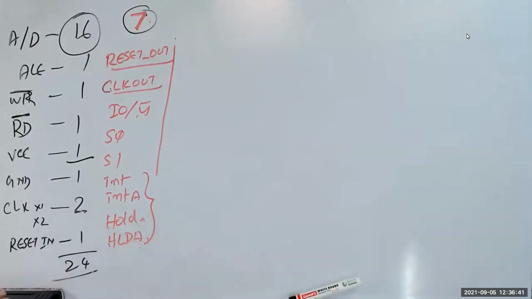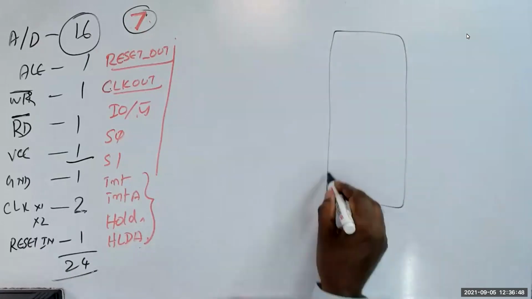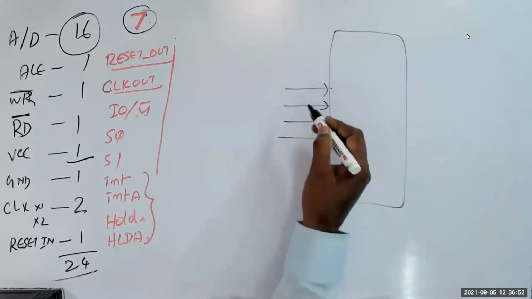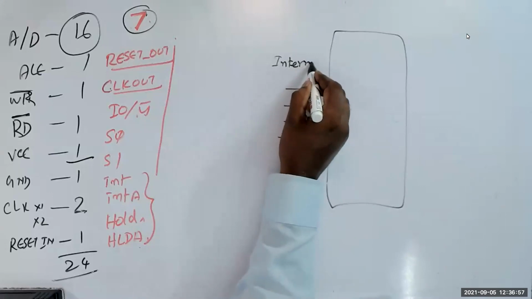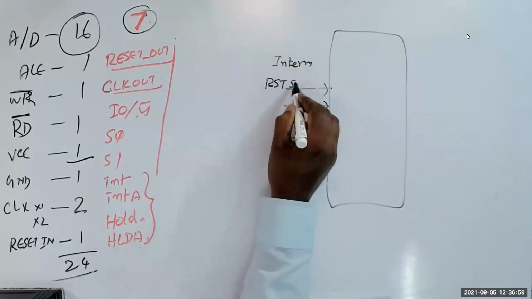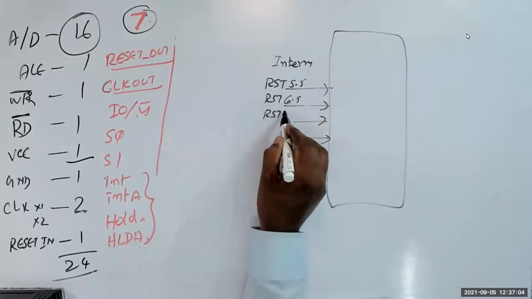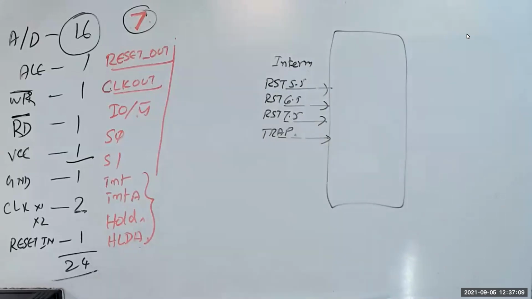People thought something a little bit different in those days, that's why they have an interrupt which is not generally outside. These guys have 4 more extra input pins called interrupt pins: RST 5.5, and trap.